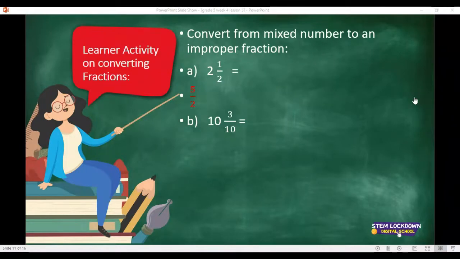Oh, Sedi, you missed to add. Okay, use that other method. You say 2 plus 2, and then you say it is 4, which is correct. You forgot to add the numerator, which was plus 1. So then you say 4 over 2 plus 1 over 2. Okay, Zeketelo, 5 over 2, you are right. Audrey, well done, 5 over 2.